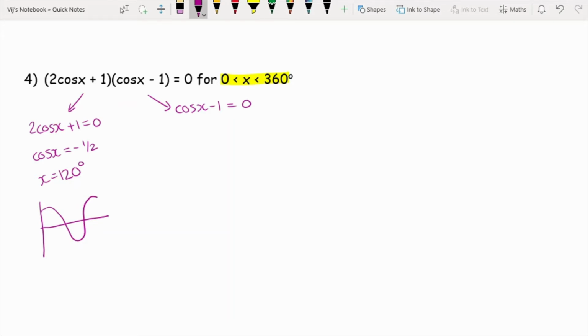So here we can recognize that to find my second angle, which is roughly going to be there, all I need to do is 360 take away 120, because obviously this one here is at 120, and this is the second angle I need to find, which would then give me 240 degrees. So that's the first part of the equation completed.